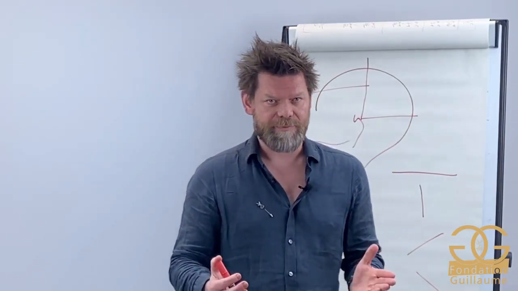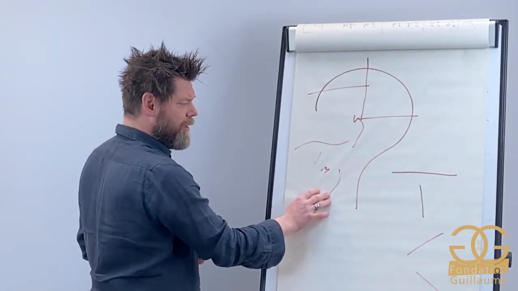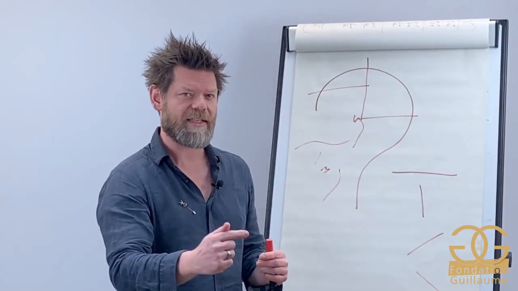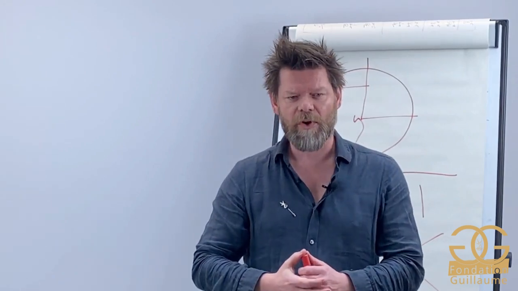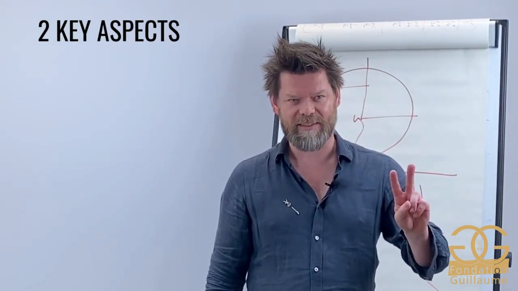So let's start. We now have our hair zones we want to work in, we know which line structure we want to work in, and we know how thick this section will be. For highlights, we focus on 2 key aspects.